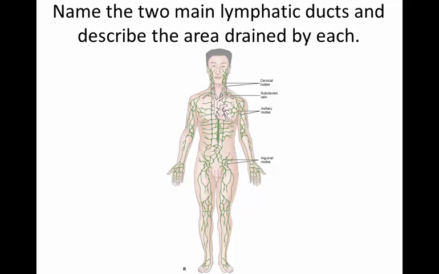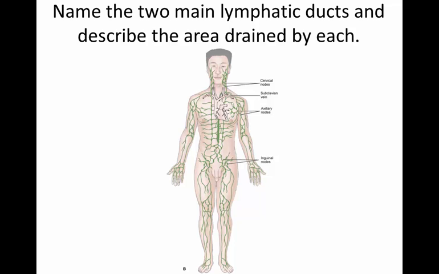If you remember back to the skeletal system, the upper portion of the vertebral column is made up of the cervical or neck vertebrae. We have axillary nodes. Axillary is a term referring to the armpit region. And so these are lymph nodes found within that region. Finally, we have the inguinal nodes, which are found in the groin region, the inguinal region of the body.